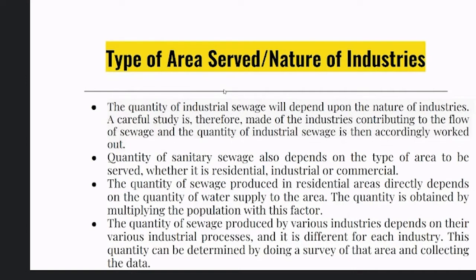The quantity of sewage produced in residential areas directly depends on the quantity of water supplied to the area. The quantity is obtained by multiplying the population with this factor. The quantity of sewage produced by various industries depends on their various industrial processes, and it is different for each industry. This quantity can be determined by doing a survey of that area and collecting the data.